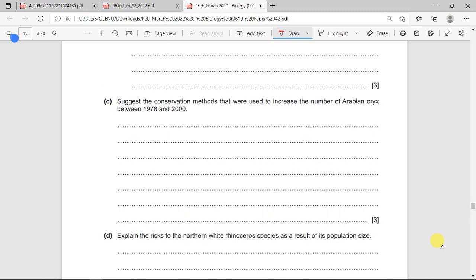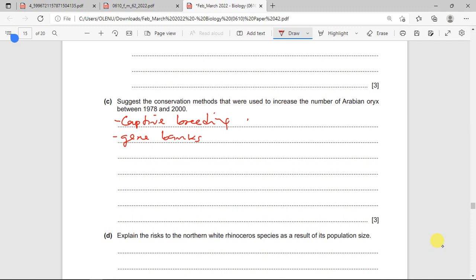Now they say suggest the conservation methods that were used to increase the number of Arabian oryx. So what are the methods of conserving species? That's all they are asking you. In this case for animals, you can have captive breeding. You can have gene banks, captive breeding.